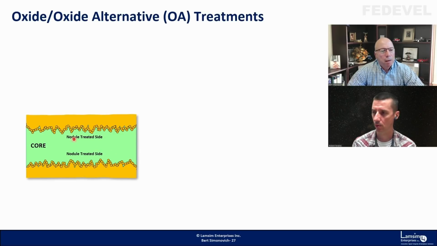Those little tiny nodules are always the side that gets bonded to the core. So your laminate supplier, like Isola, for instance, when they make the double-sided laminate, the treated side of the foil gets bonded to the core, and the drum side is on the other side of it.